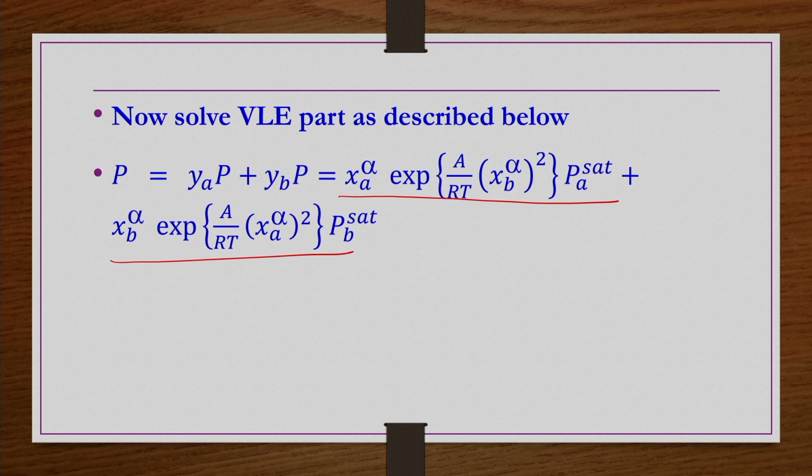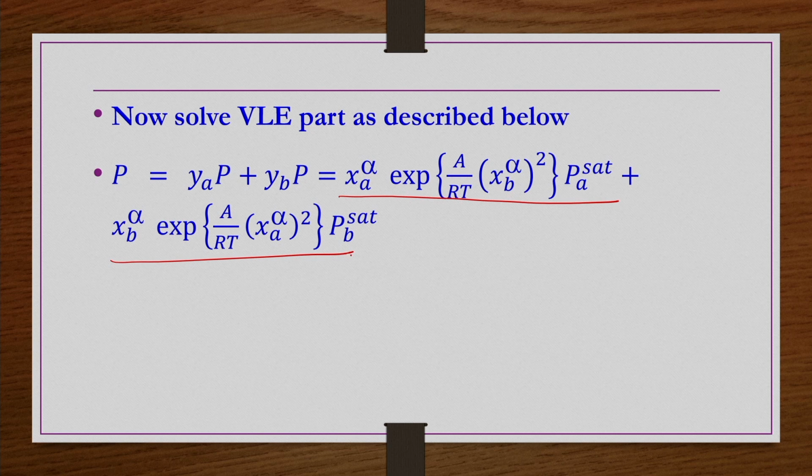Whatever equations 1 and 2 are, if you add them together, we have this equation, because we have written it for component A and component B as well. We are taking the component A part: the vapor and alpha liquid phase that we have taken. You can take vapor and beta liquid phase also, and similarly find the pressure.